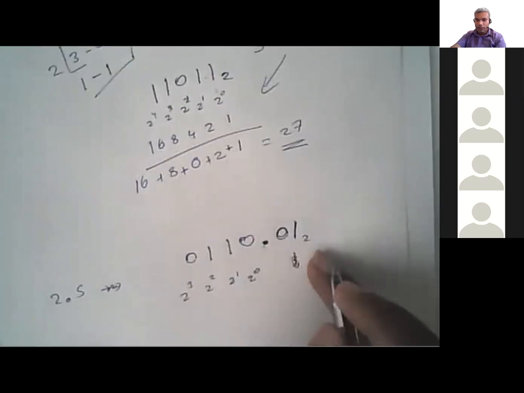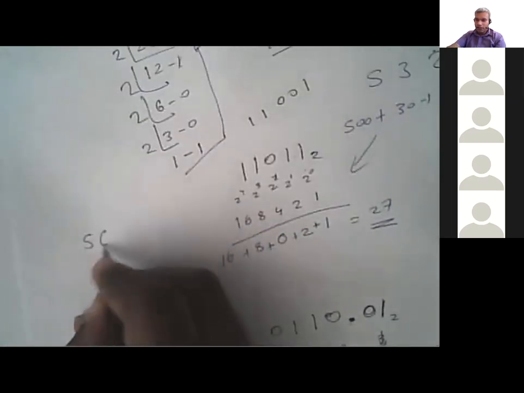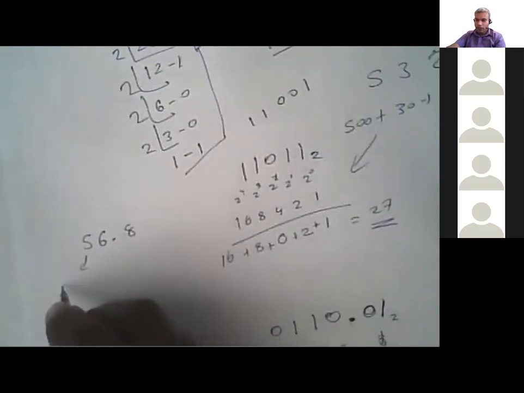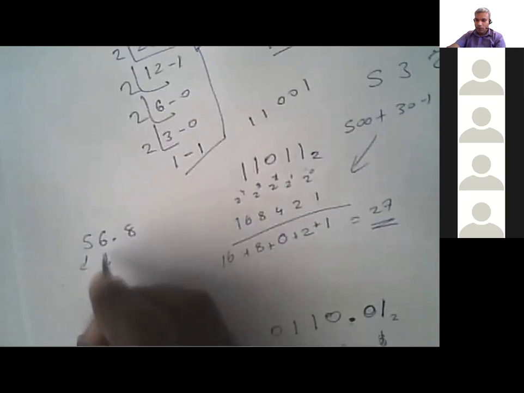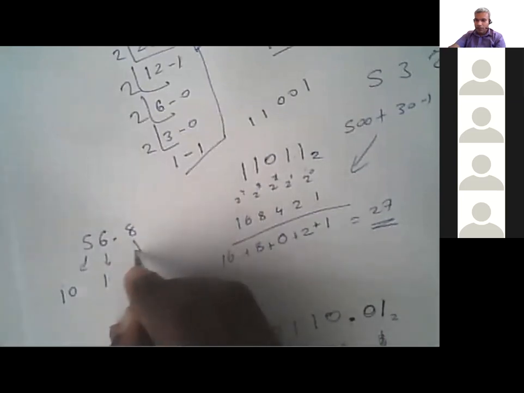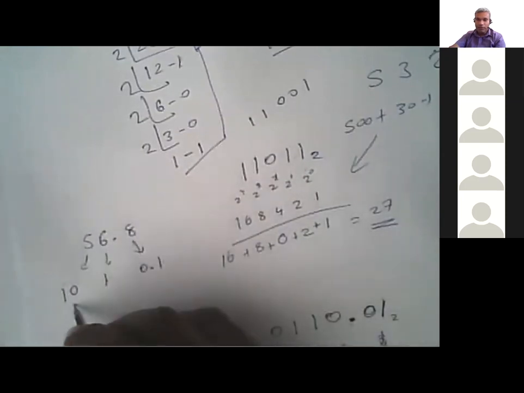What about this part? If you look at a normal decimal number, let's say 56.8, this is 10 to the power 0. This is 10 to the power 1. This is 10 to the power minus 1, or in other words, 0.1. So 0.1 times 8, 6 times 1, 5 times 10.